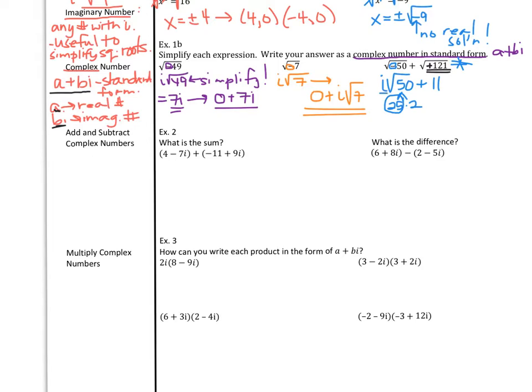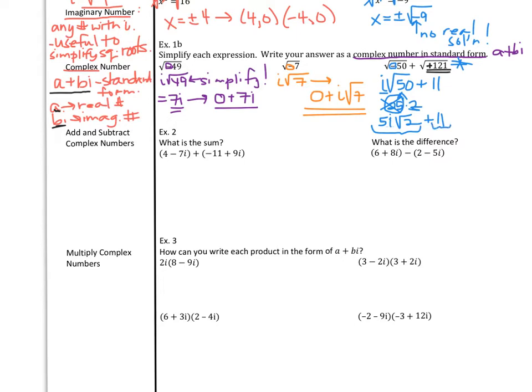And we already have that i out in front. That would be 5 times i, and that 5 cancels out the 25 on the inside. We still have that 2 on the inside. That doesn't go away. And then we're going to add 11. This is a pretty big imaginary part of our term.